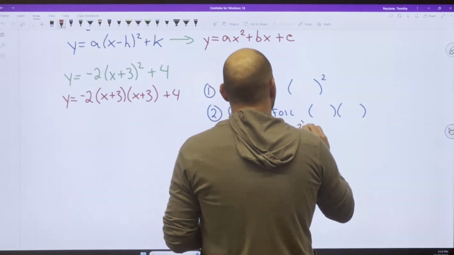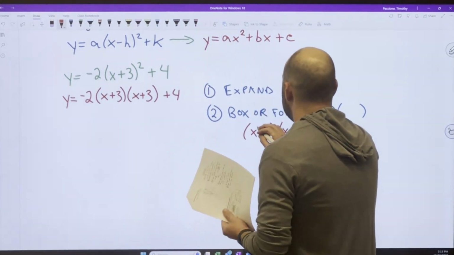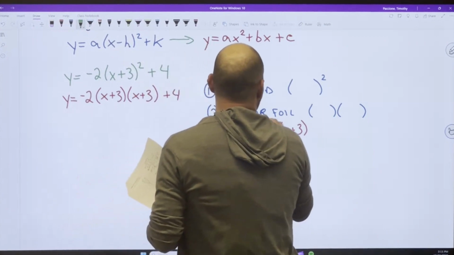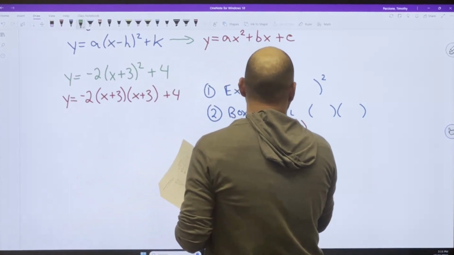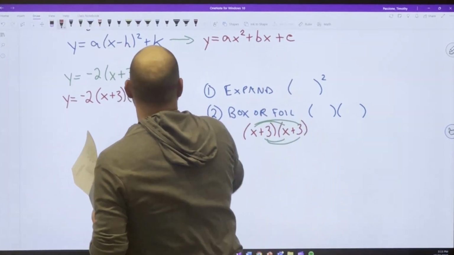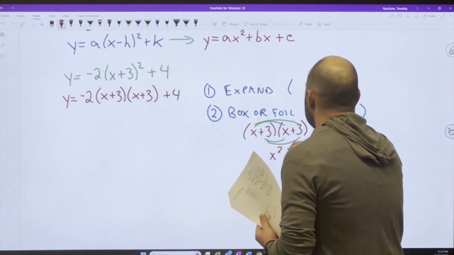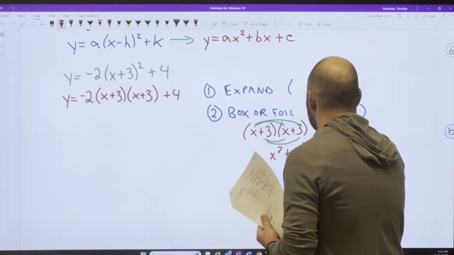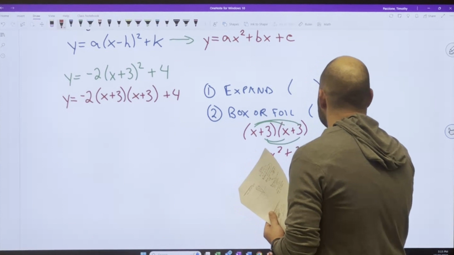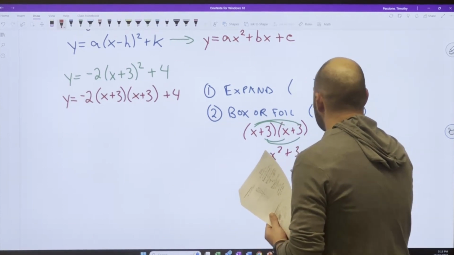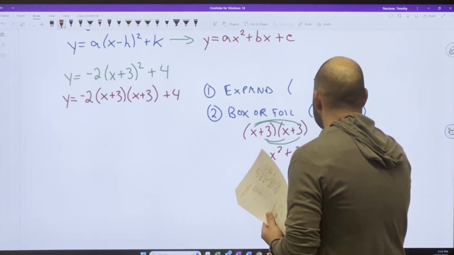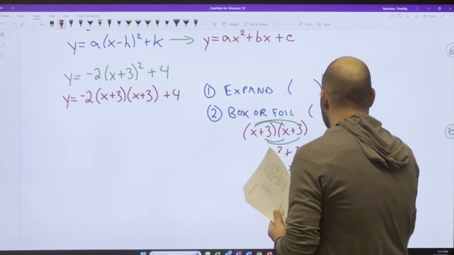X plus 3, x plus 3. If I FOILed this, first, outer, inner, last, I would get x squared plus 3x plus 3x plus 9, which would become x squared plus 6x plus 9, right?